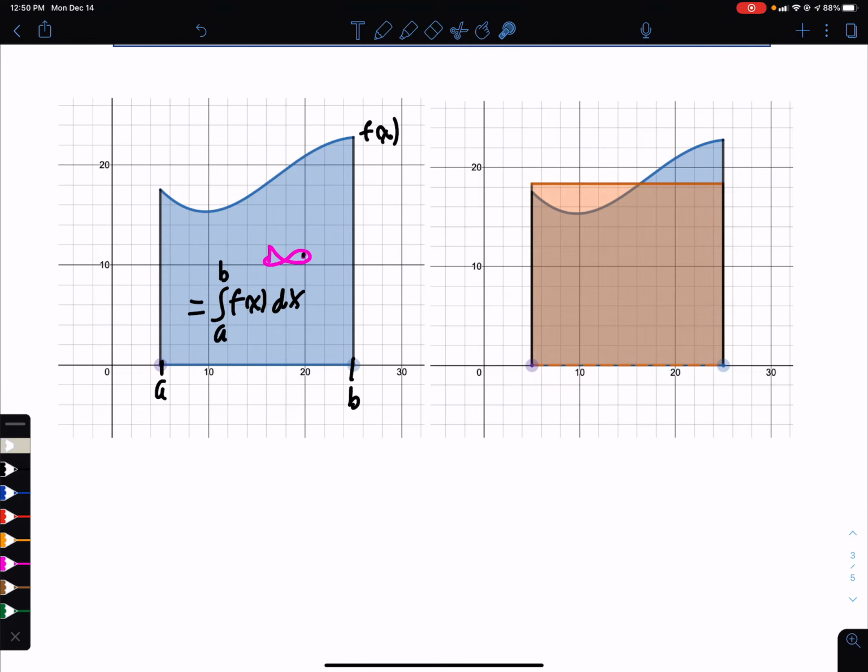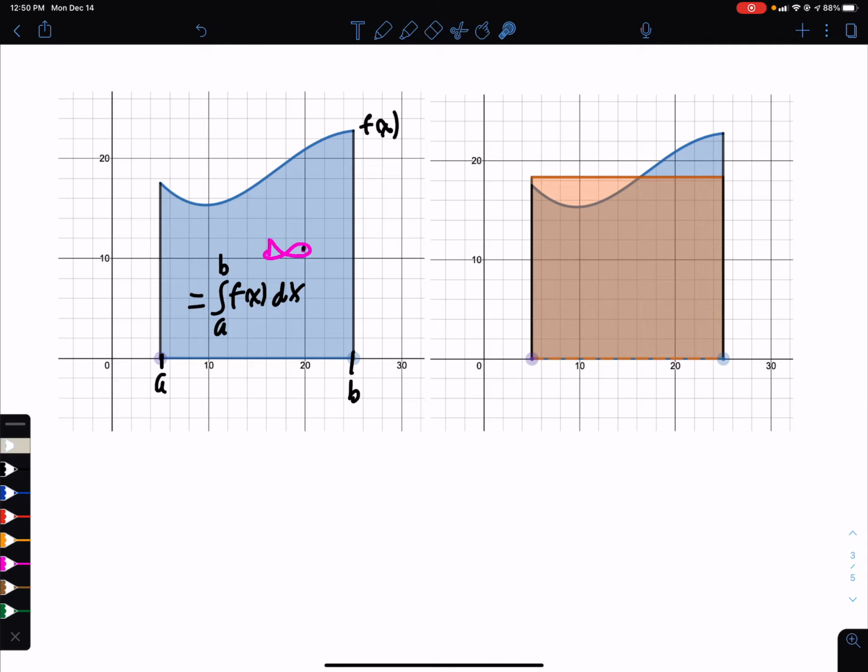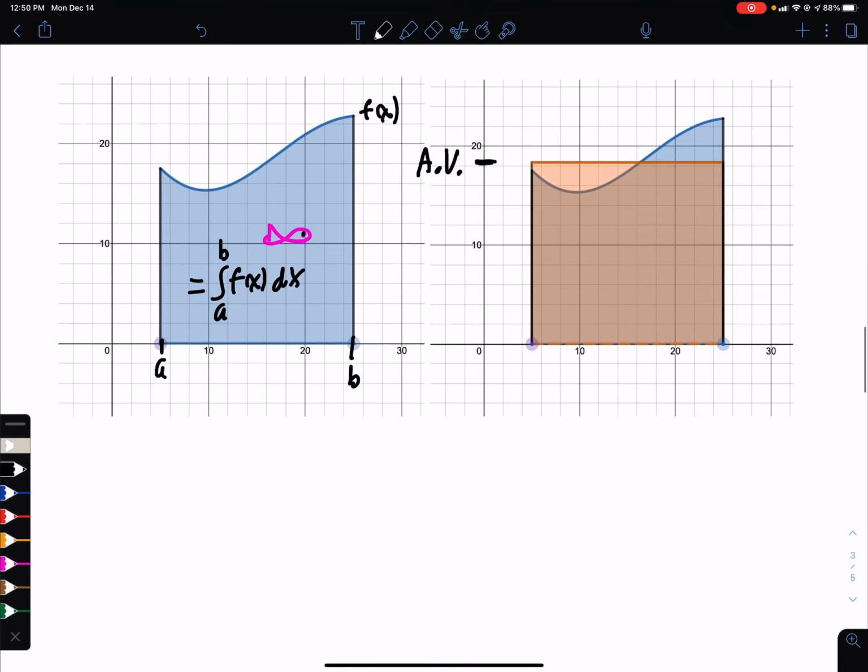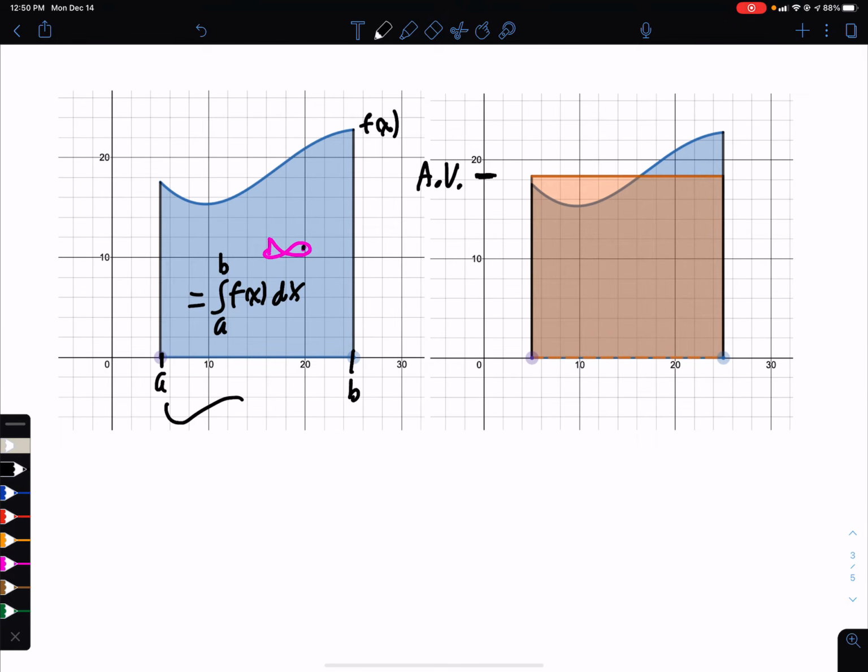And the height of the water is going to be somewhere between the high point and the low point, which it is. It's somewhere in between. So we actually have a name for this. This is the average value. I'm going to abbreviate it AV. That's the average value. Now, the length of this base here is B minus A.